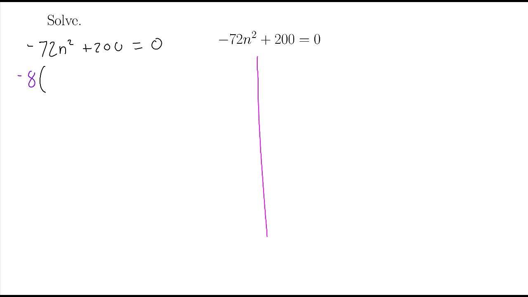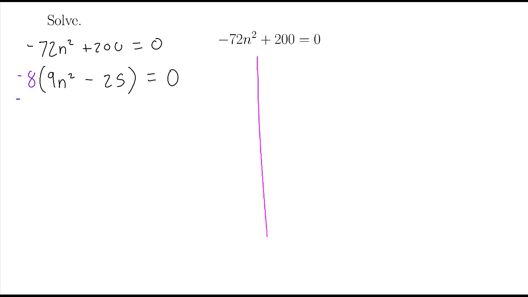That first digit being positive is usually a little bit better. So if I factor out a negative 8, I'm left with 9n squared. If I factor out the negative 8, 200 divided by negative 8 will be negative 25. Okay, so we have negative 8 times 9n squared minus 25 equals 0.